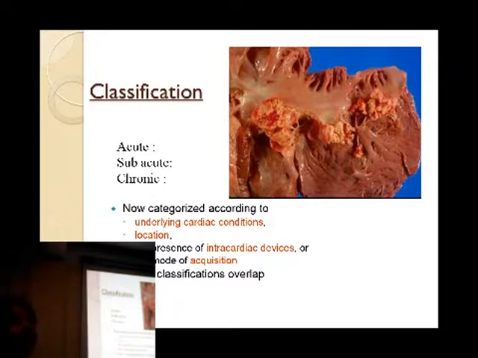So this is a very broad classification. Because of this broad classification, the condition classification will overlap. So we might call it left-sided mitral valve infective endocarditis acquired through hospital infection. So it is a longer description.